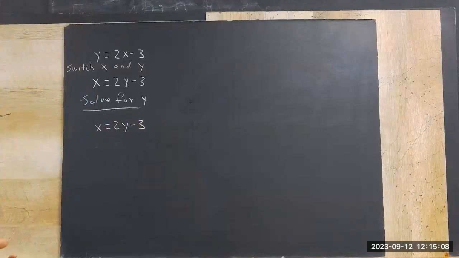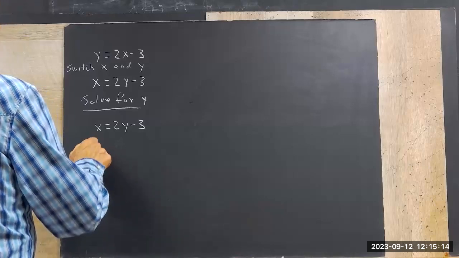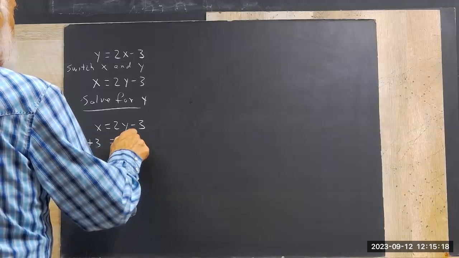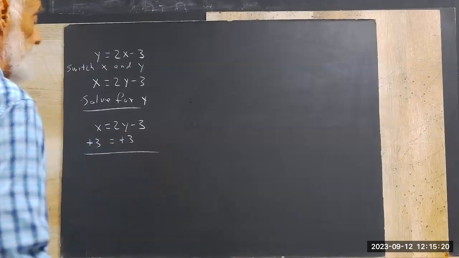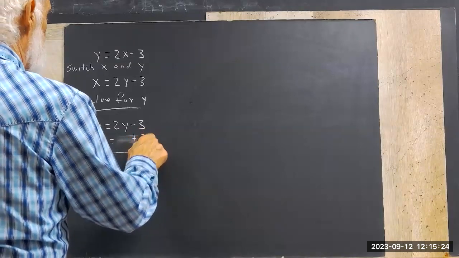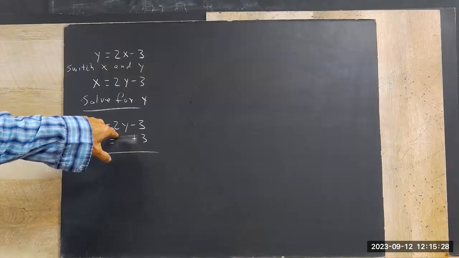We want to isolate y. Now, you want to do plus 3 and plus 3 on both sides. Then you might even want to line up this plus 3 with this minus 3 because you want to isolate y.